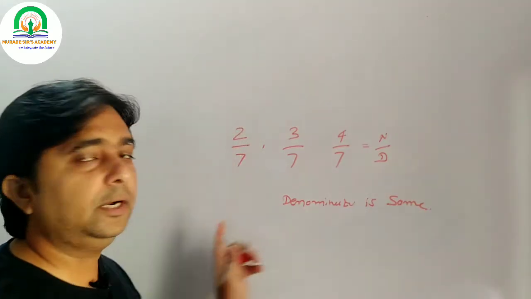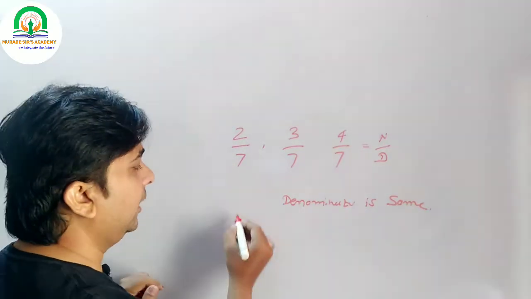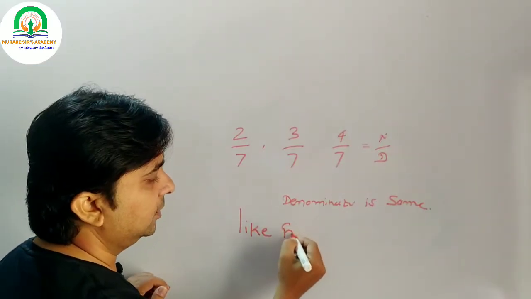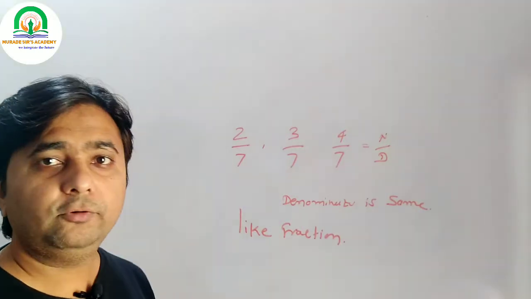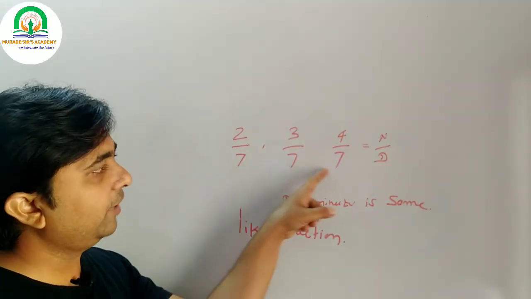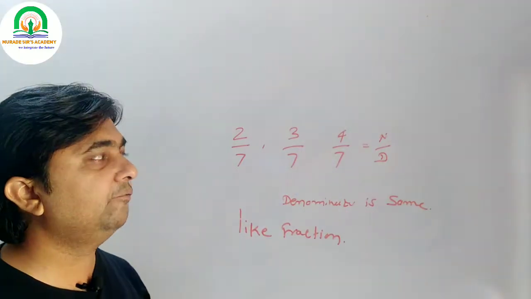If the denominator of all the fractions is the same, then they are called like fractions. Understood?